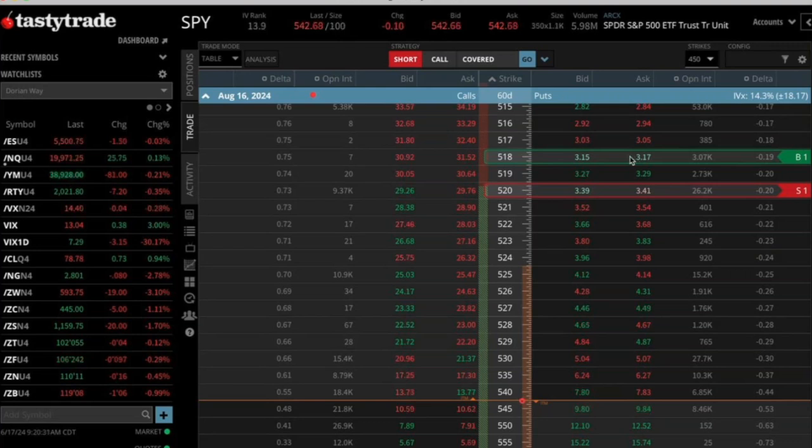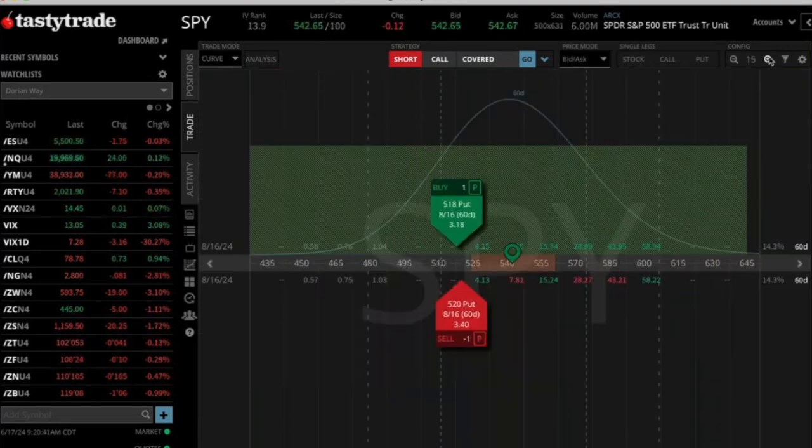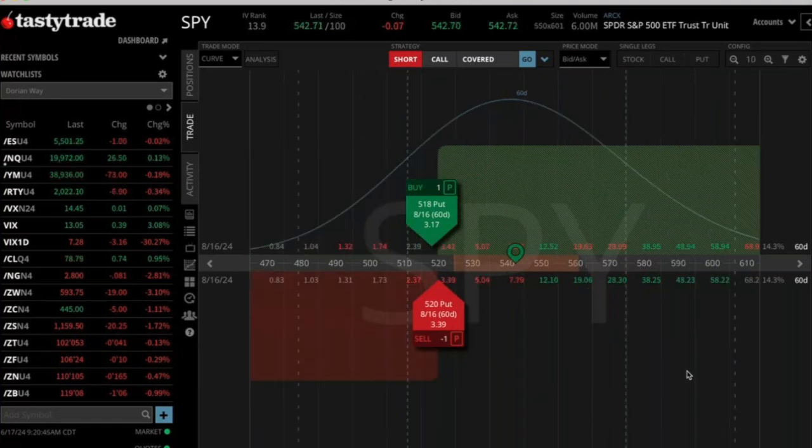And why I say that is that if you look at this put spread that we have on the board right now, and we go to this curve view, and you can see, I'm going to make this a little bigger so that we can all see it, and give it a second to populate. Okay, perfect. So this right here is the at the money line. This is what the stock is currently trading at. If it goes up, you're going to win 100% of the time on this trade.